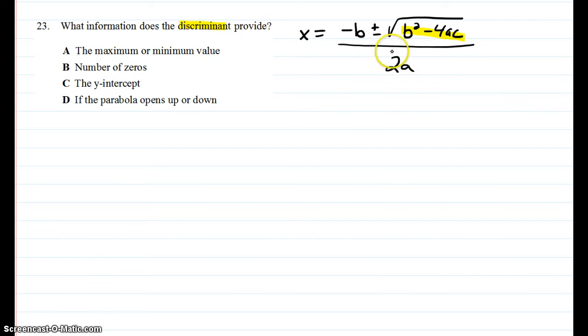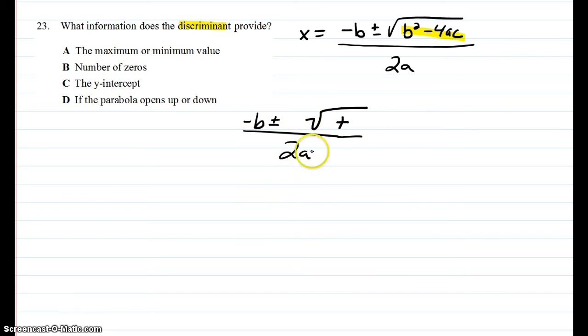And so what happens is, if we look at our quadratic formula, and I evaluate the discriminant, the b squared minus 4ac, and I get a positive answer, then that means I can actually square root it and keep working. And I'll end up with 2 answers.